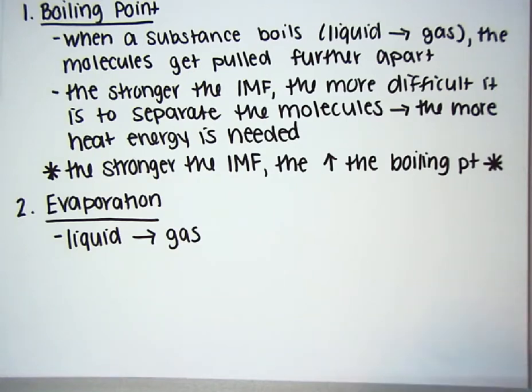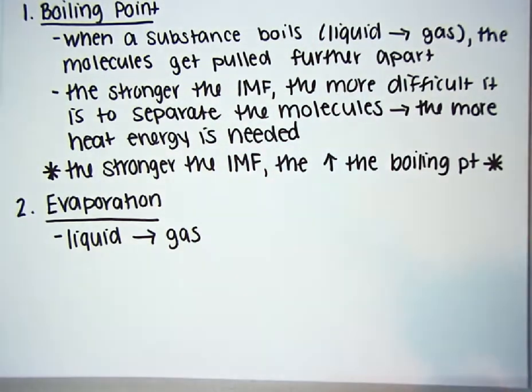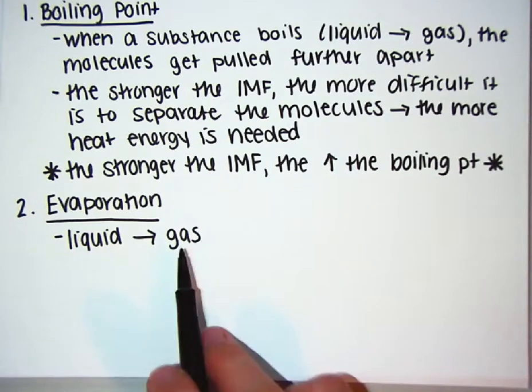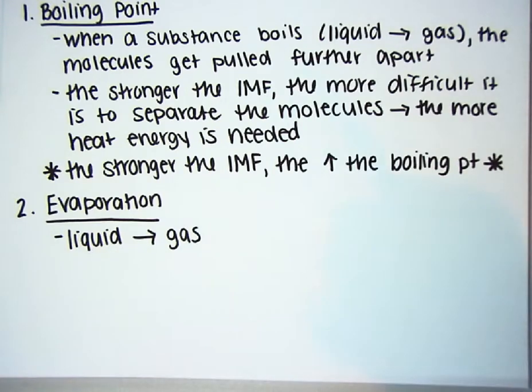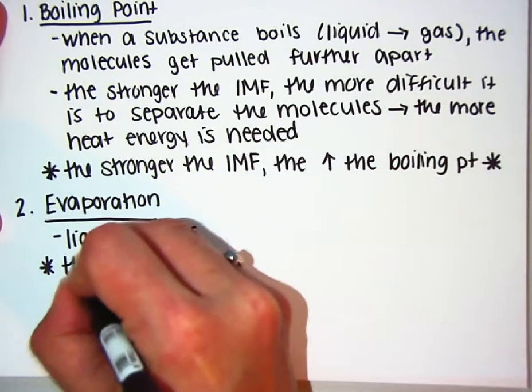It is going to evaporate. It turns into a gas. Well, this one is going to be very similar to boiling point, because boiling is also going from a liquid to a gas. The stronger the intermolecular force, the harder it is to separate those liquid molecules into those gas molecules, which are farther apart. So we're going to notice the same trend.